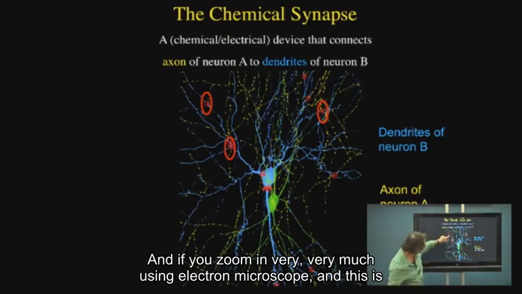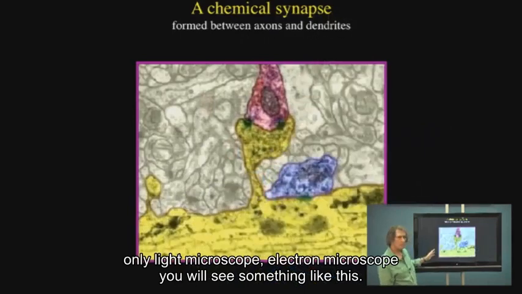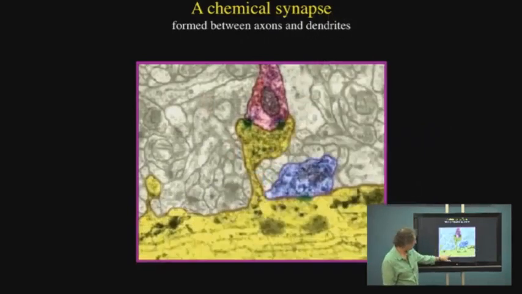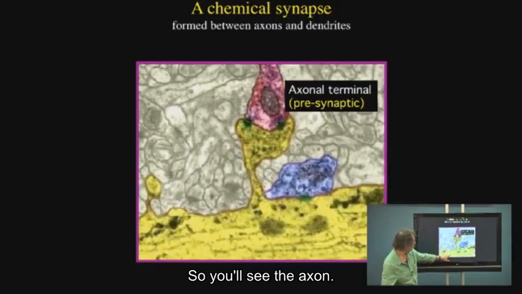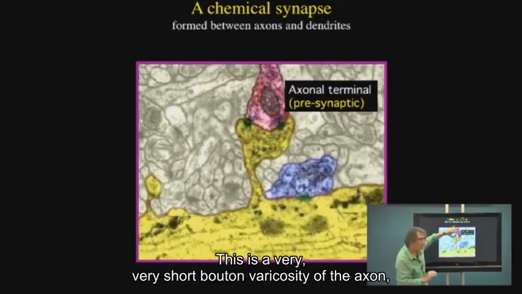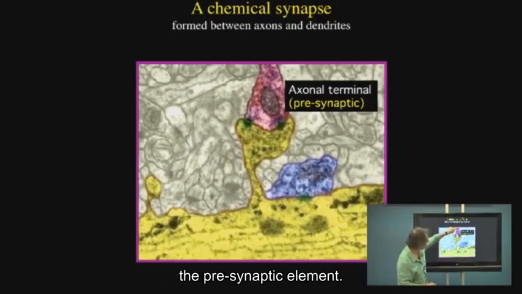And if you zoom in very much using electron microscope, and this is only light microscope, you will see something like that. So you will see the axon. This is a very short bouton, varicosity of the axon, the presynaptic element.